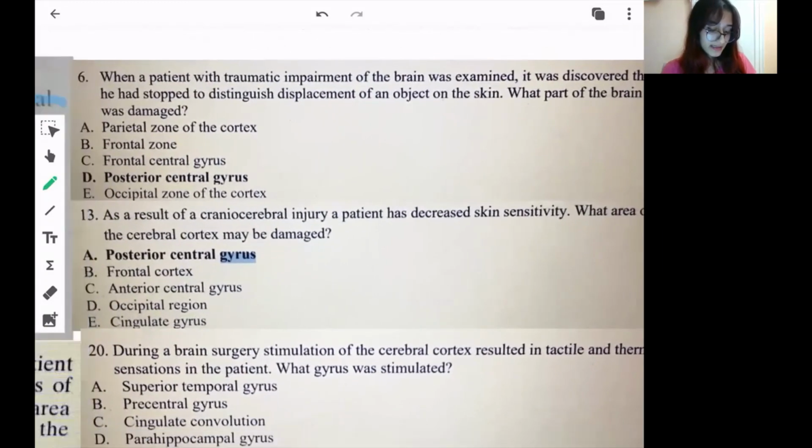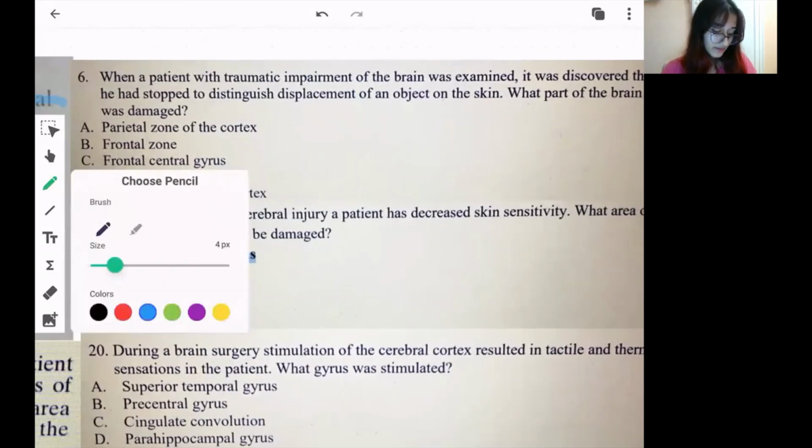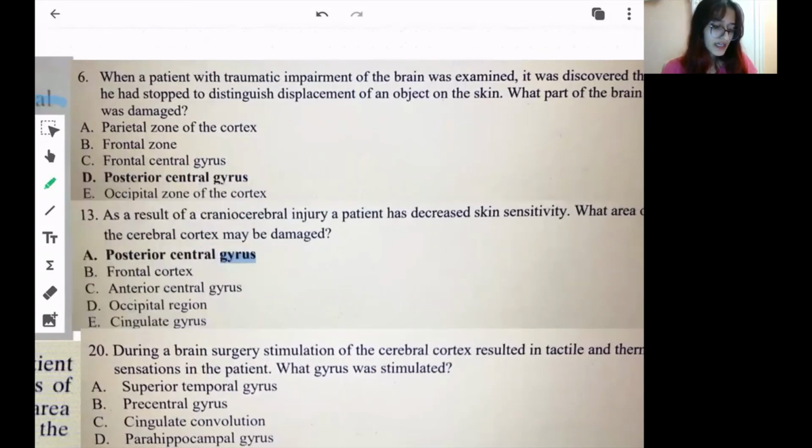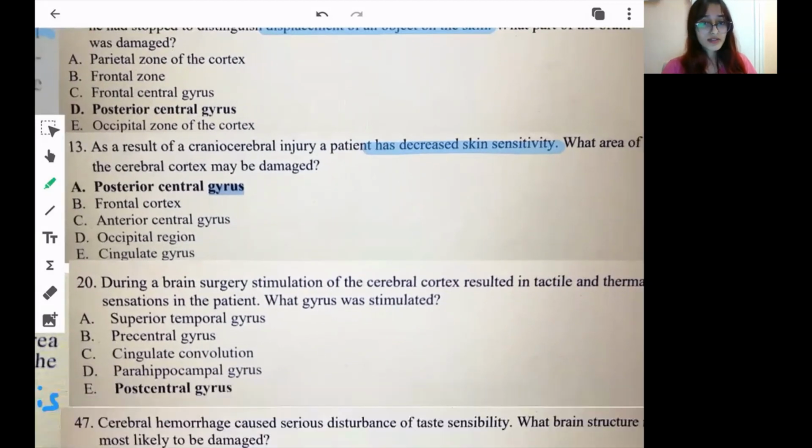So next, again very easy. The patient has stopped being able to distinguish the displacement of an object on the skin. A general sensation, again the posterior central gyrus, which is the primary somatosensory cortex. Here again there is decreased skin sensitivity, so it is the primary somatosensory cortex in the posterior central gyrus.